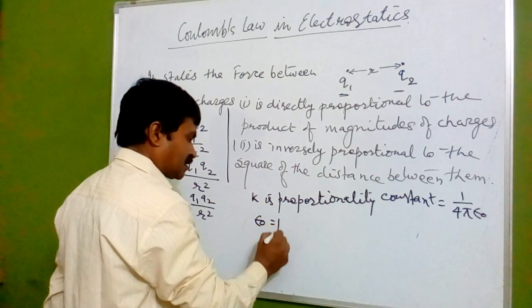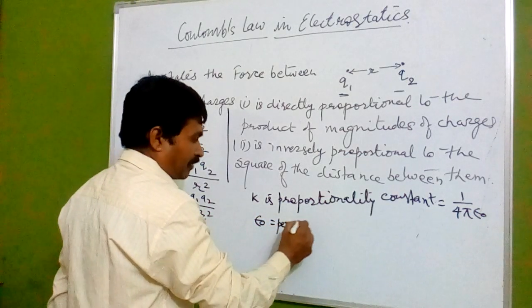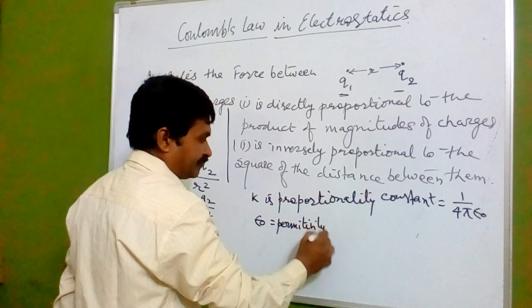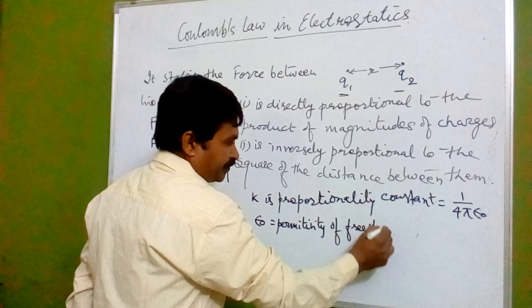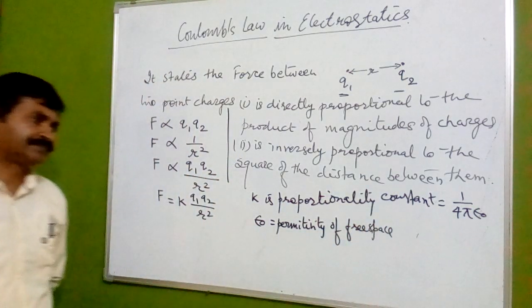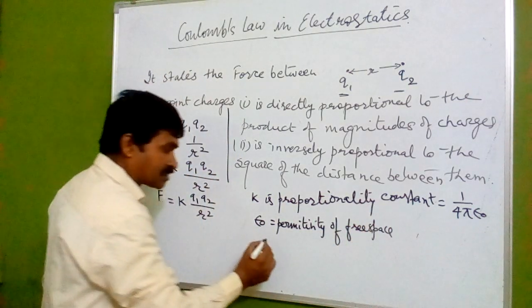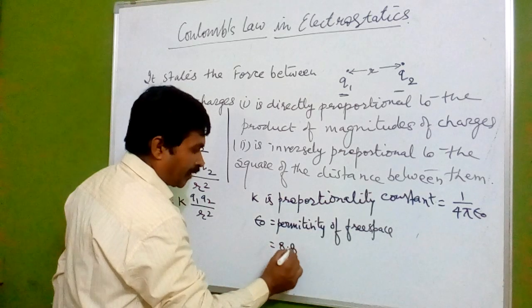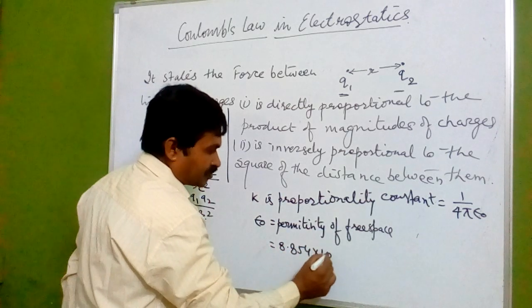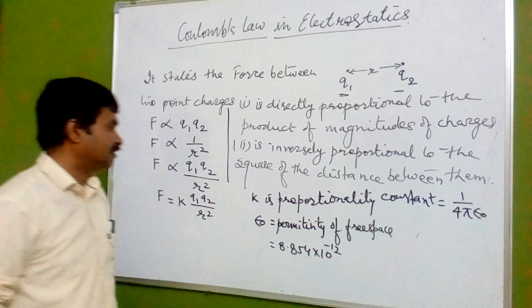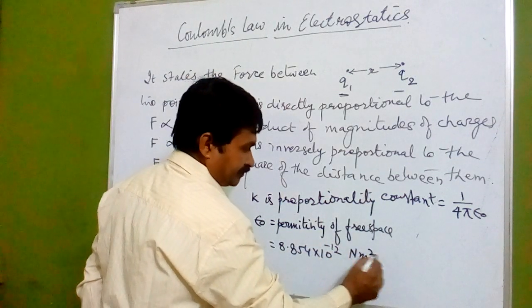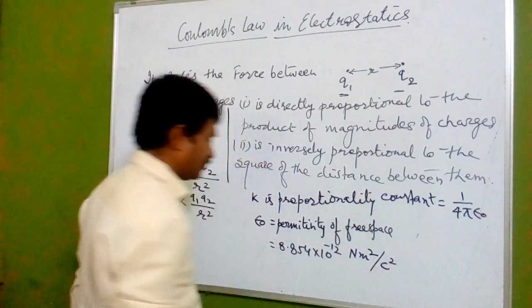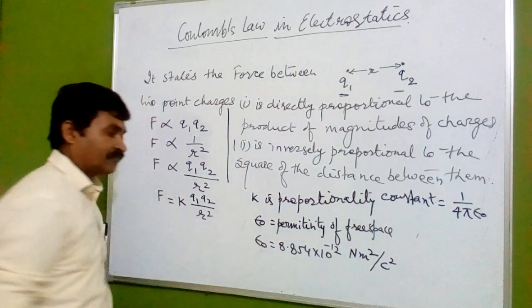Epsilon naught is the permittivity of free space, and its value is 8.854 into 10 raised to the power minus 12 Newton meter square per Coulomb square.